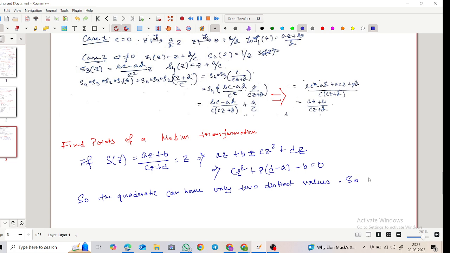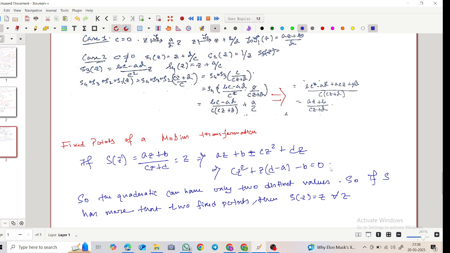So if S has more than two fixed points, then Sz equals z. Okay, you understand? That is clear, na?